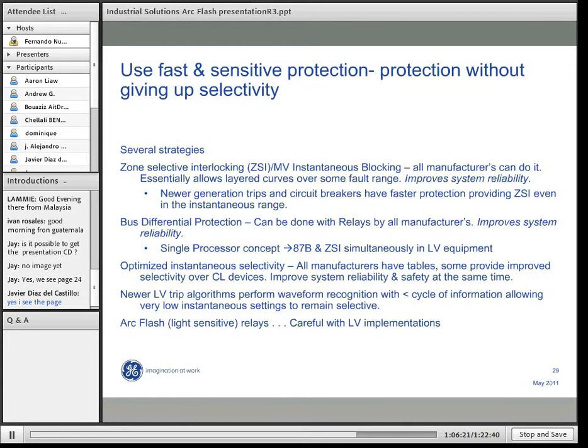This slide just gives a little bit more detail about the high-speed protection I was talking about, the zone selective interlocking. Basically what this does is it looks at the fault location, and if the fault is outside down a feeder, then the feeder breaker will trip fastest, and then the main breaker will be backup.